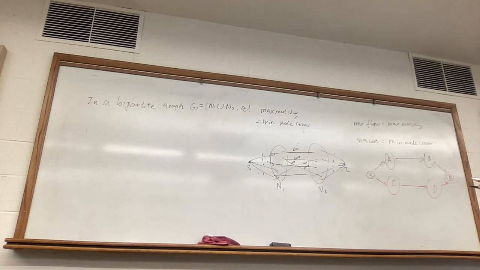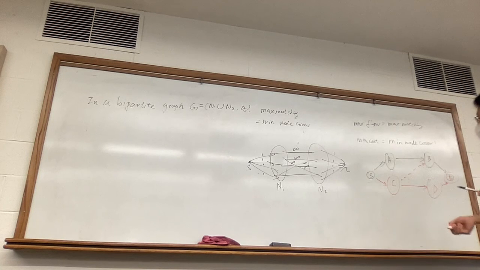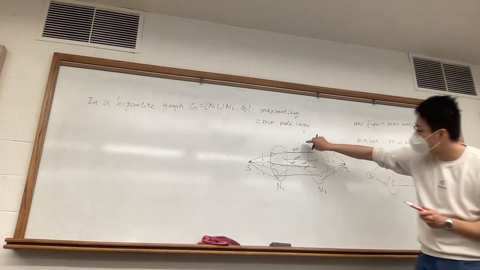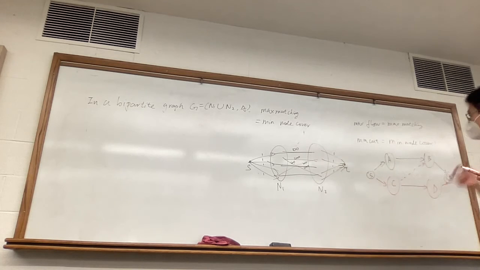Then, be very careful. The arcs from C to B, this is possible. However, the arcs from A to D are impossible. Why? Because all the arcs in the middle have infinity capacity.